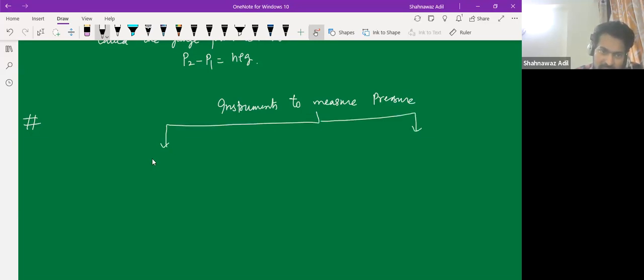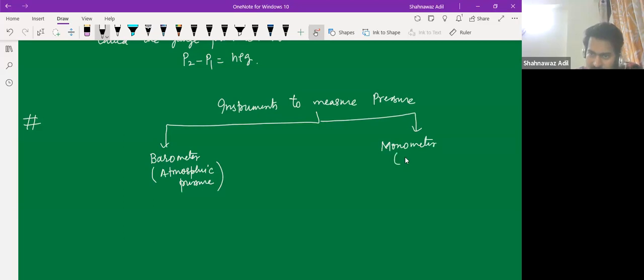One is the barometer, which is used to measure the atmospheric pressure, and we have the manometer, which is used to measure the gauge pressure. So these are the instruments that we use.